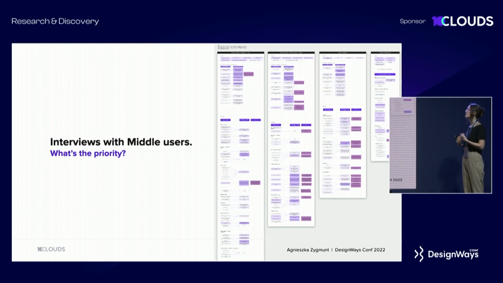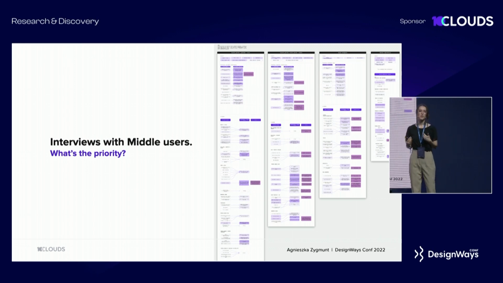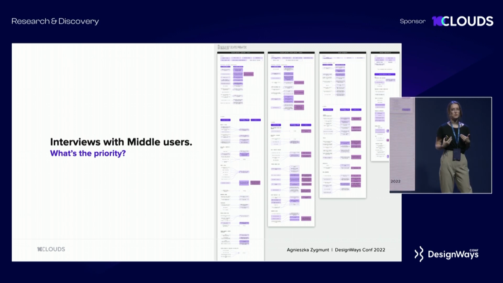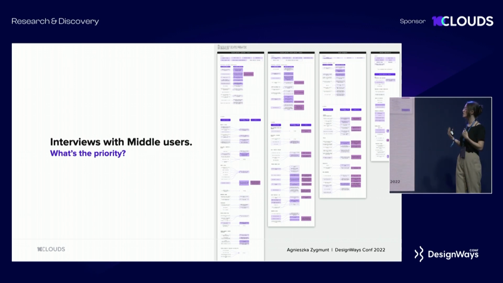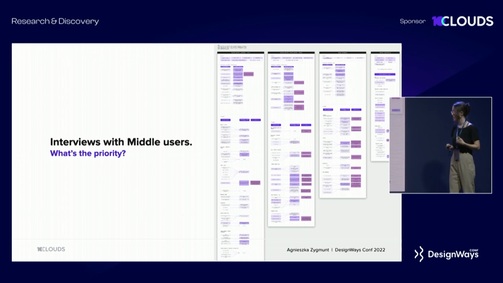And we started to ask ourselves, okay, what should we do right now, because we are not able to choose only one persona here, because all the banks, all the stakeholders, are looking for a solution that will be ready to use for all the advisors they have in the company. So what should we choose as the priority here? What will be the main focus? Because we have really different needs, different problems, and different expectations.